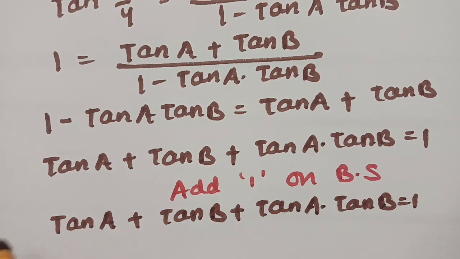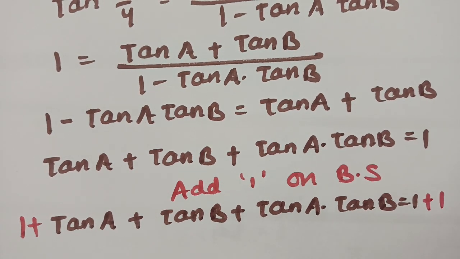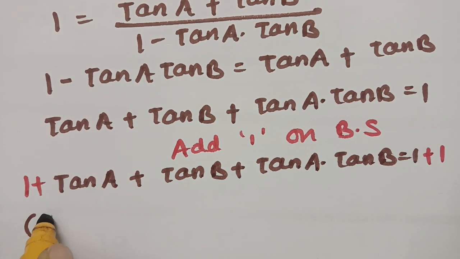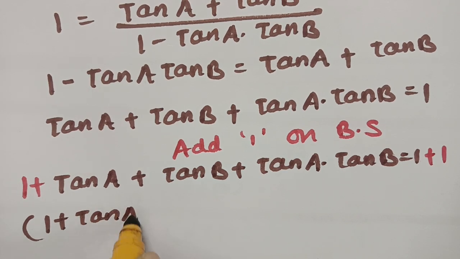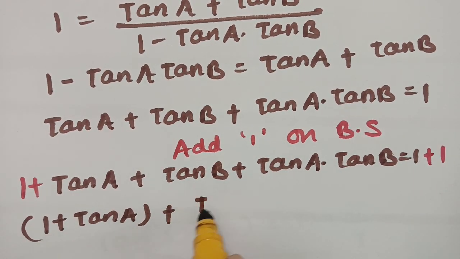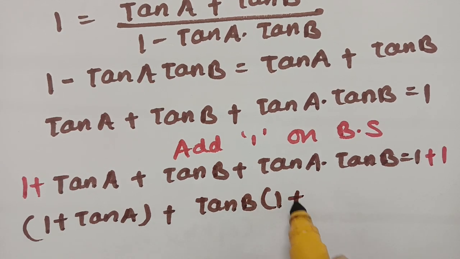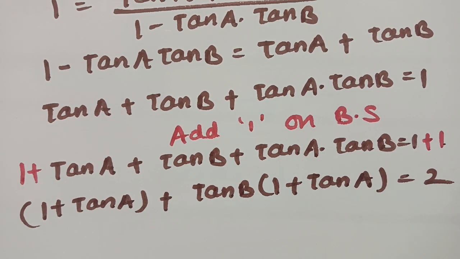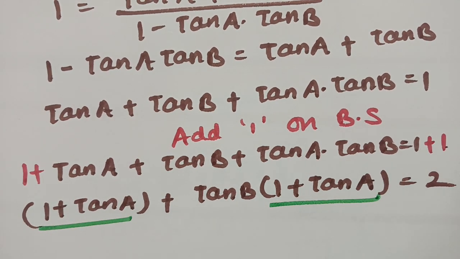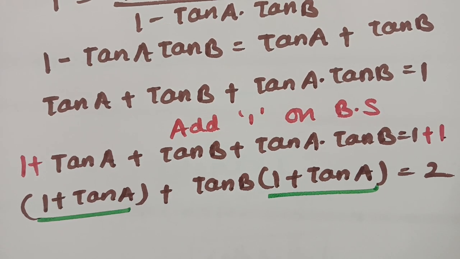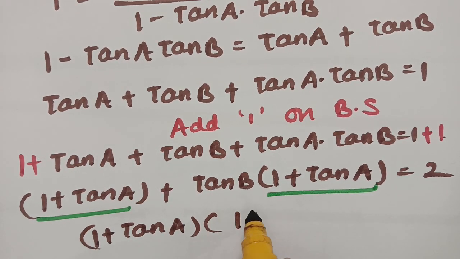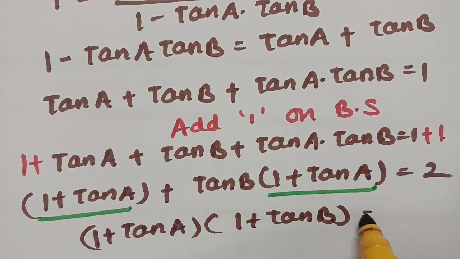So adding 1 on both sides, if I take 1 plus tan A common, and if I take tan B common, this will be 1 plus tan A into 1 plus tan B is equal to 1 plus 1, the value here is 2.